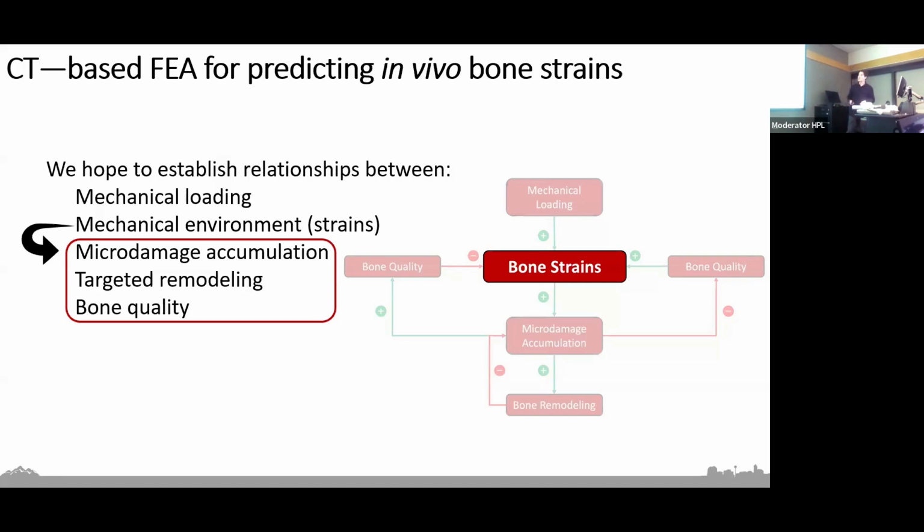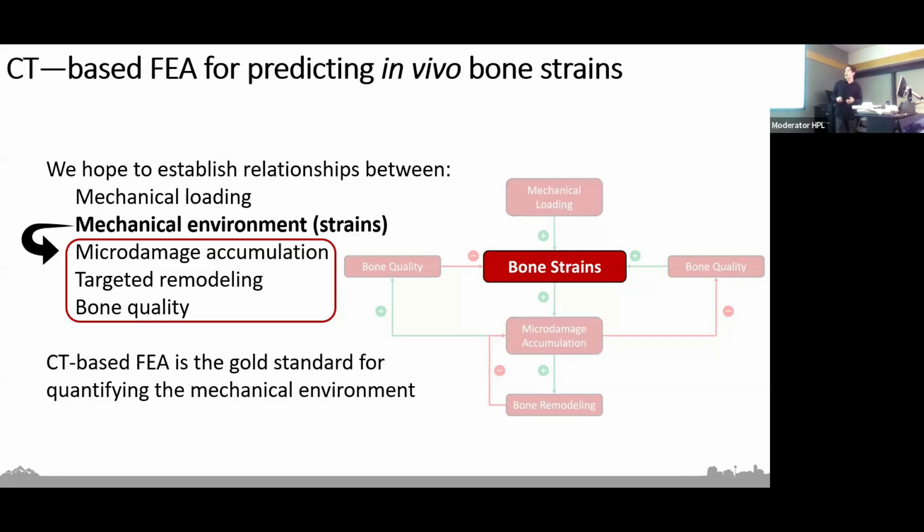So this is specifically what my work focuses on, trying to find ways to really elucidate this mechanical environment, get an idea of what strains are being produced by this mechanical loading device, and use that to relate it back to some of these other concepts in the bone's process and adaptations to mechanical loading.